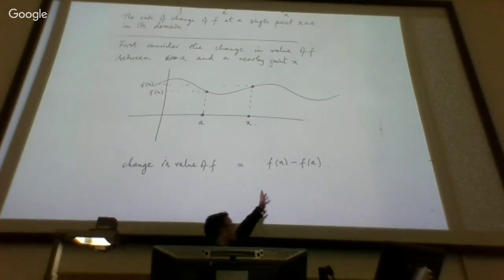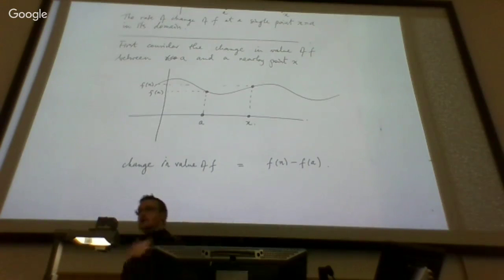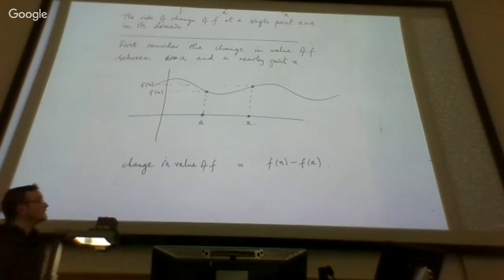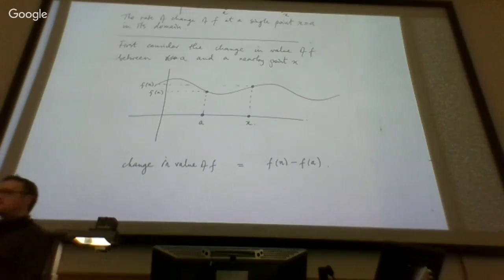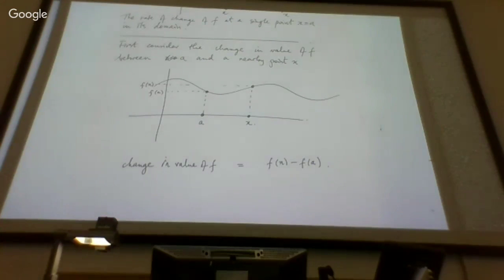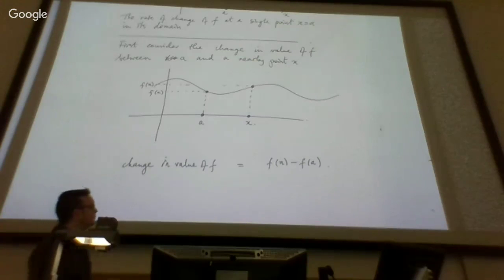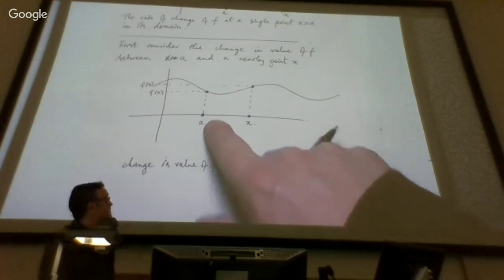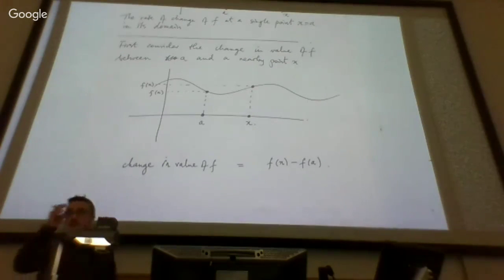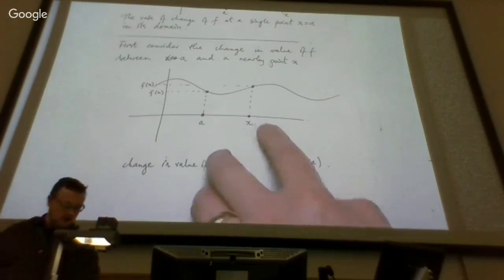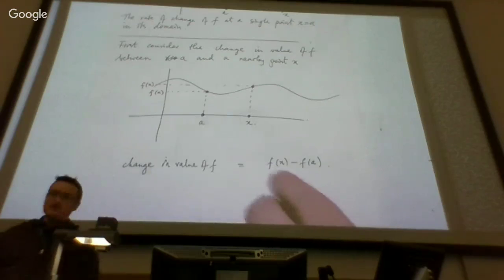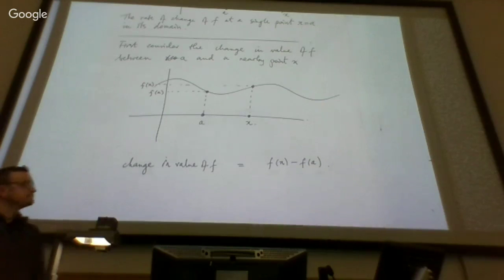But now this difference might turn out to be large, or it might turn out to be small. But even if this difference turned out to be large, it doesn't necessarily mean the function is increasing very fast or decreasing very fast, because it could be that the point x is quite far away from a. So even though the function might only be increasing very slowly, if x is a long way away from a, then you might observe a large difference in values.